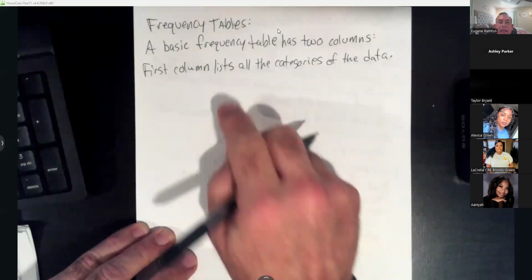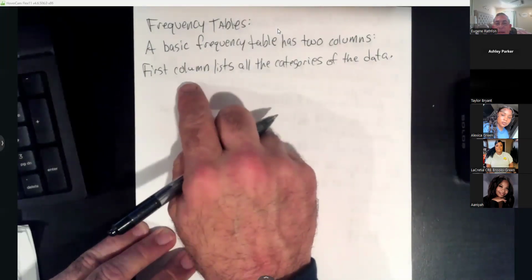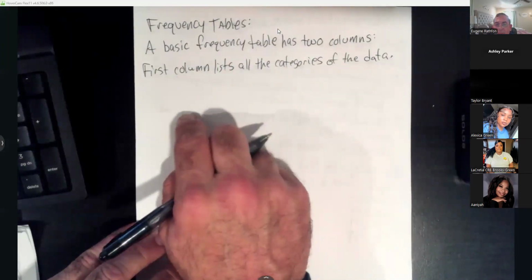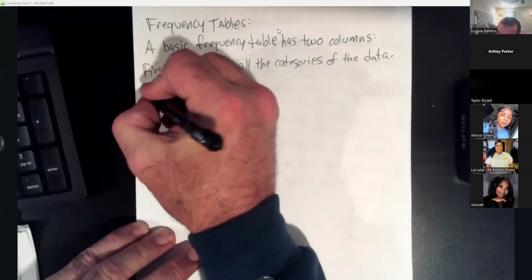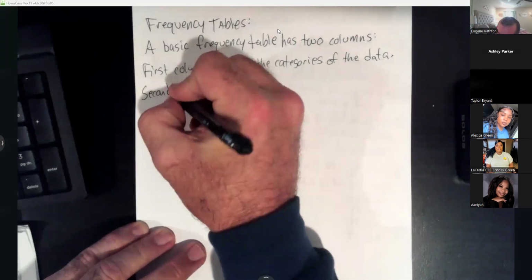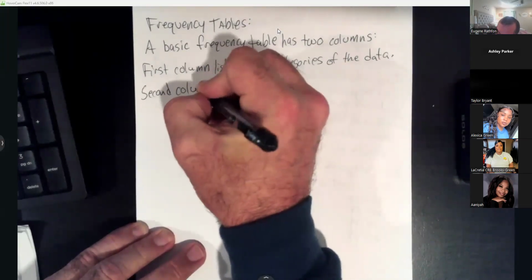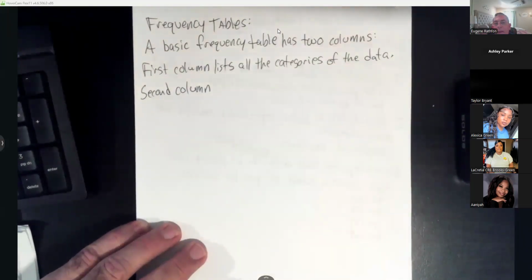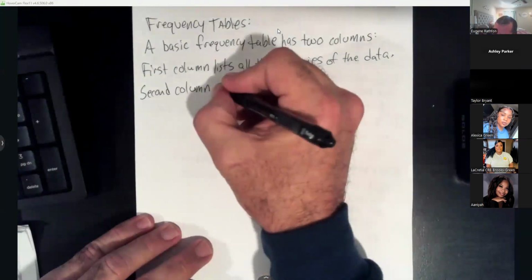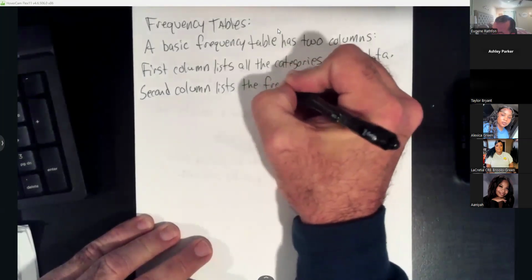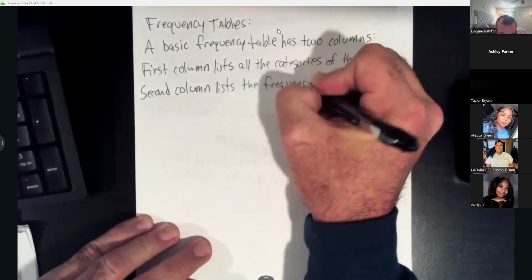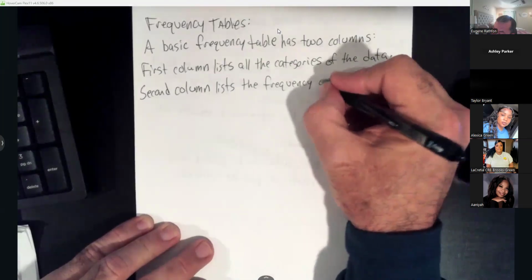Like on the example I did, my first column would be my bins I made for my A's, my B's, my C's, and so forth. All right, then you got a second column. The second column lists the frequency of each category.